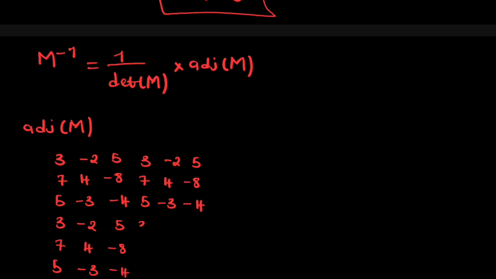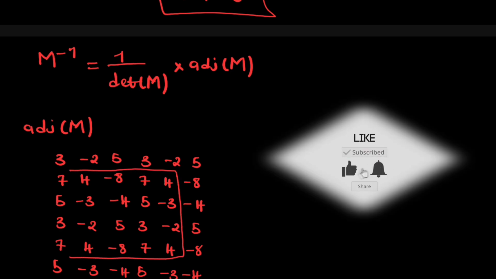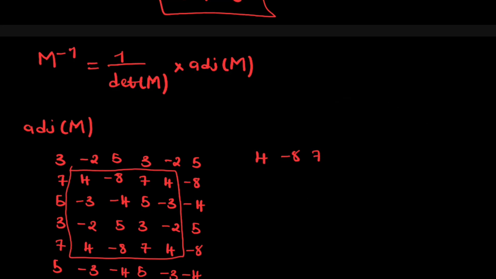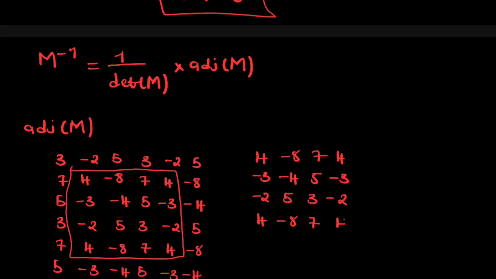The last time now: 3, minus 2, 5; 7, 4, minus 8; 5, minus 3, minus 4. Now we eliminate the exterior numbers and we are left with 4, minus 8, 7, 4, minus 3, minus 4, 5, minus 3, minus 2, 5, 3, minus 2, 4, minus 8, 7, 4.